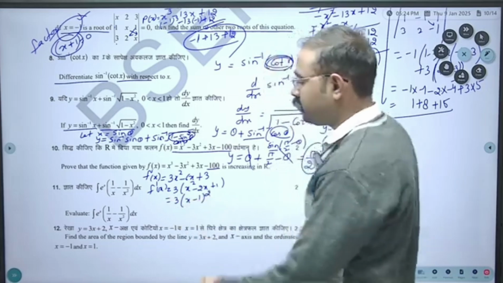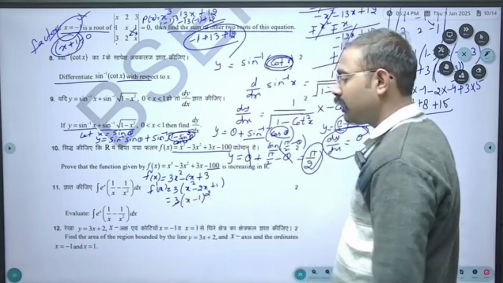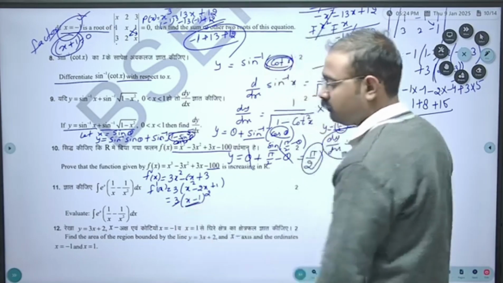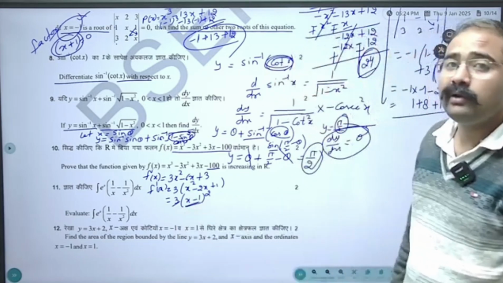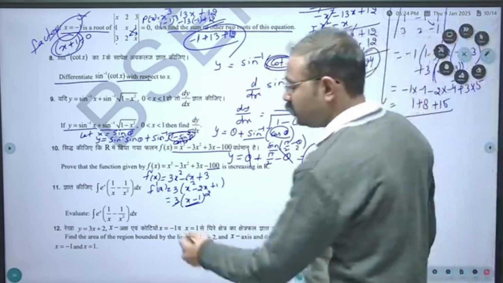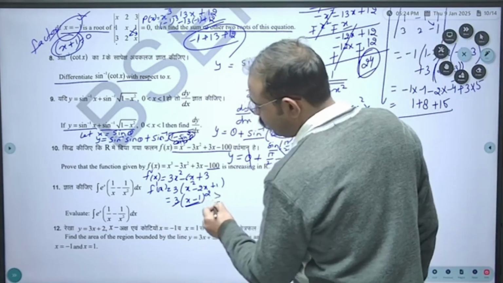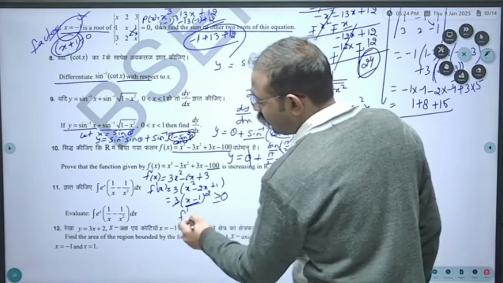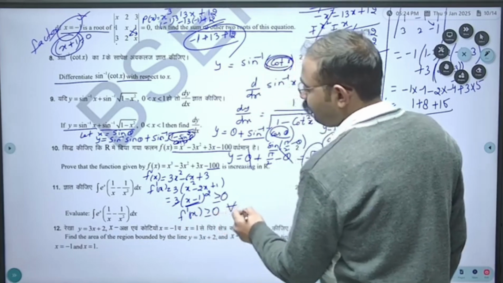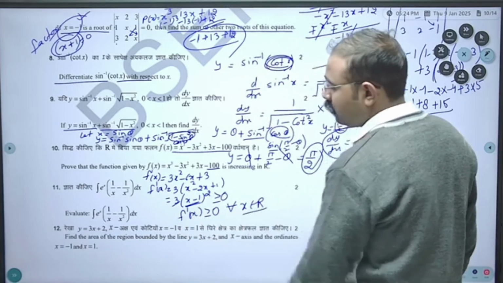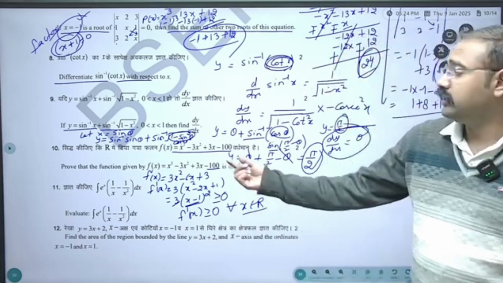We know that this 3 is always greater than 0, and the whole square of anything will always be greater than or equal to 0. So f dash x is greater than or equal to 0 for all x belonging to R. So this function is increasing in R.